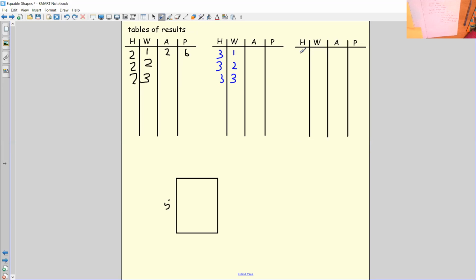Similarly for height 4. And you might need some more tables for height 5 maybe, and height 6 maybe, okay? So whenever you find the equable shape, area must be equal to the perimeter. Remember that.